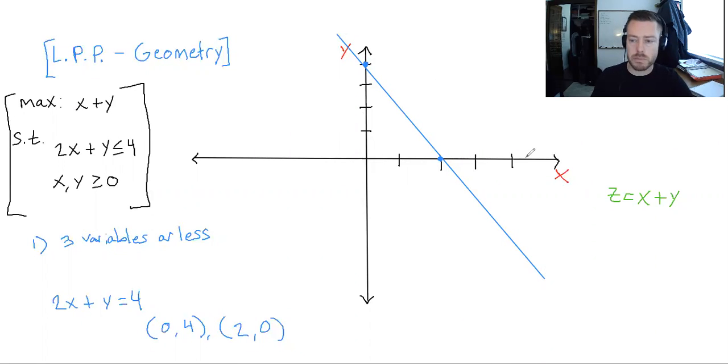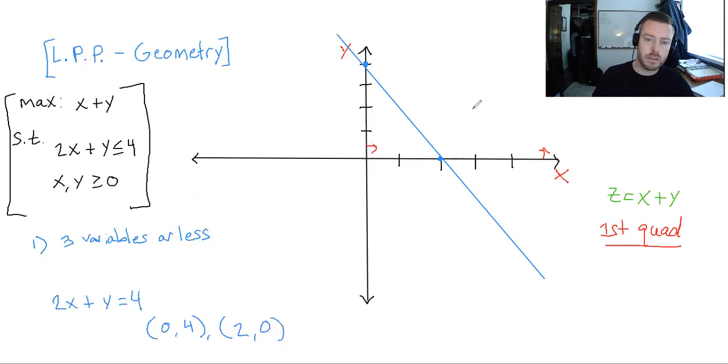Remember, x is going to be positive, so x has to be going this way. Then y has to be positive, so y has to be going this way, which means we're going to be contained in the first quadrant.